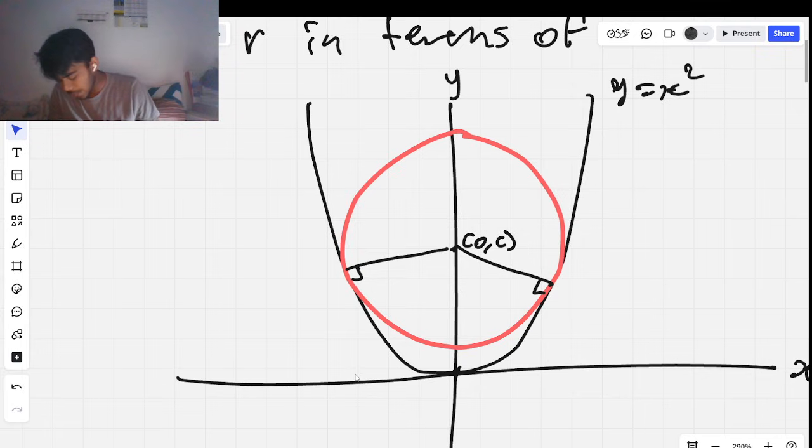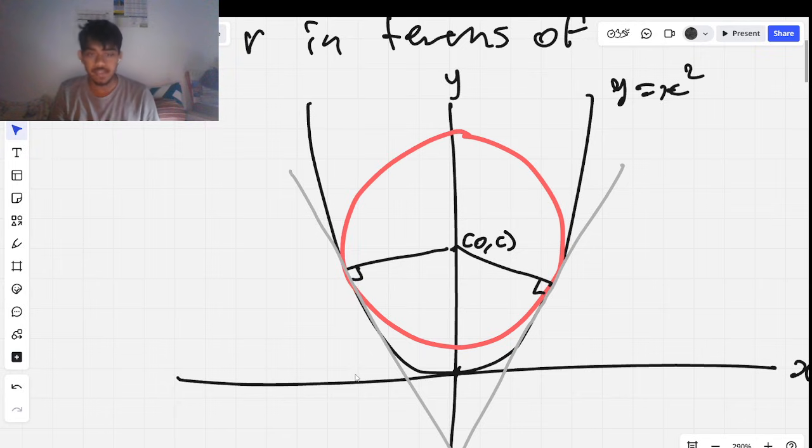And I think it would be quite helpful to draw the tangents at that point specifically. And to be more pedantic with my working, I should denote this point as, let's say, (p, p squared).